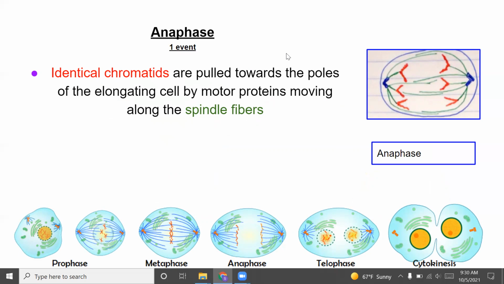So what you're seeing in anaphase, notice that your identical chromatids have been separated. One of the things you'll learn is that a chromosome is made up of 2 chromatids. So those chromatids separate from each other. Notice the spindle fibers are still attached.